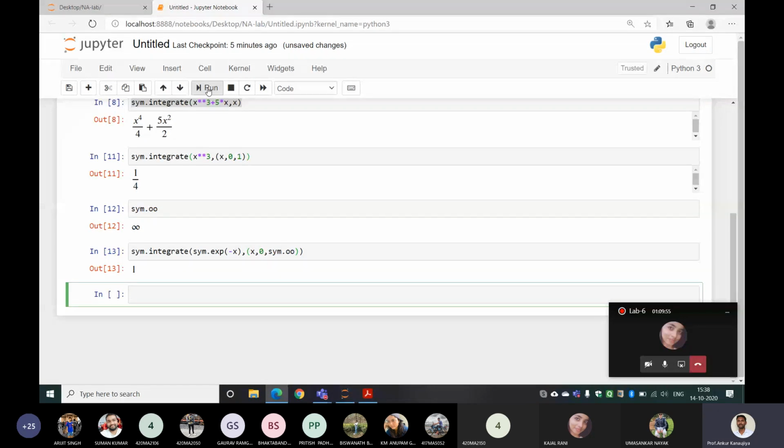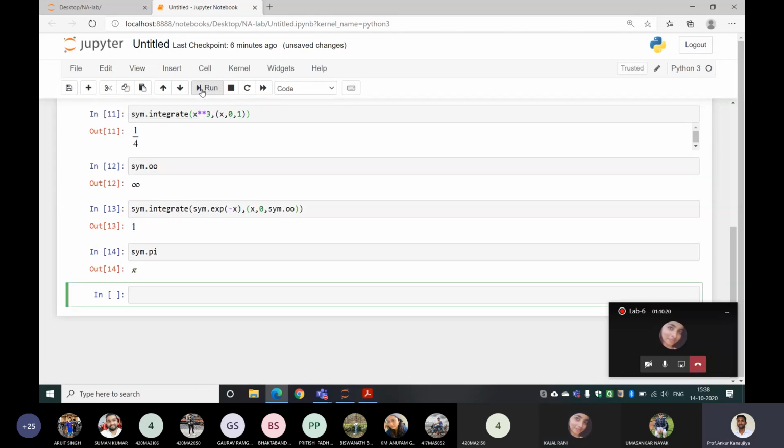So can you integrate sin x from 0 to pi by 2 or 0 to pi? How to make pi in Python? Pi symbol. Any guess? Sym dot pi. Let us see. Yeah, so it is correct.